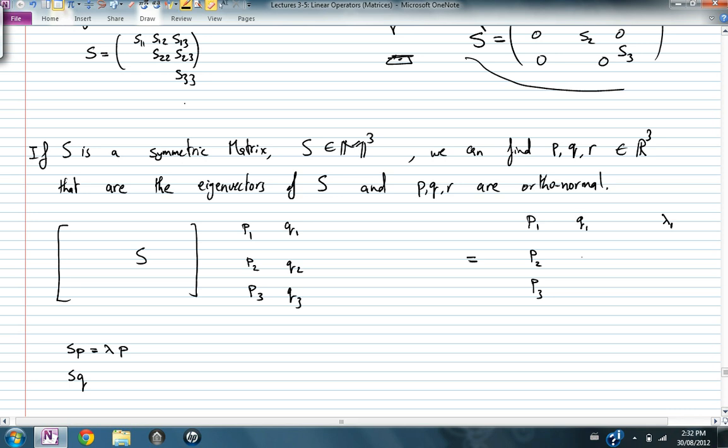I'm going to get Q1, Q2, and Q3 multiplied by lambda 2, the second eigenvalue of S. And the same for the third eigenvector, SR is equal to lambda 3 R. I'm going to get R1, R2, R3.